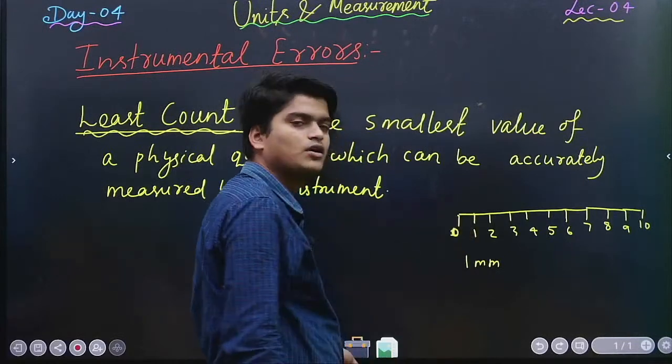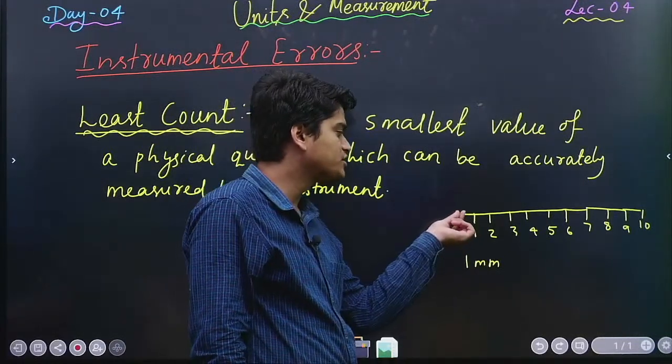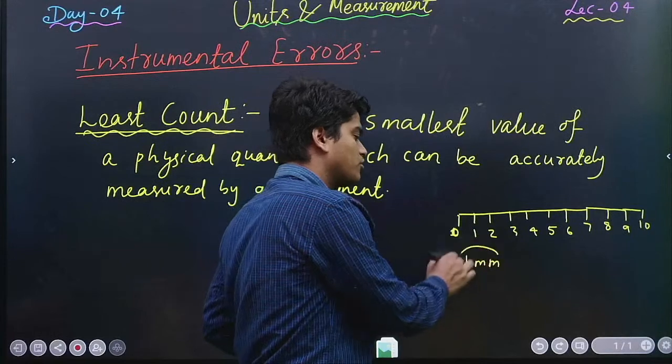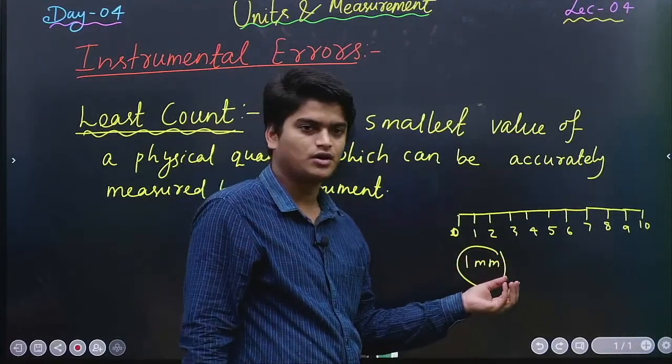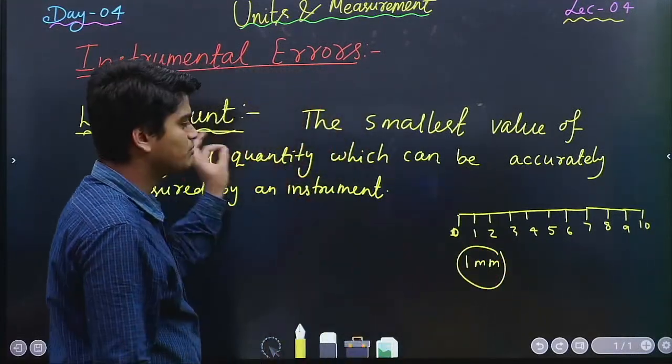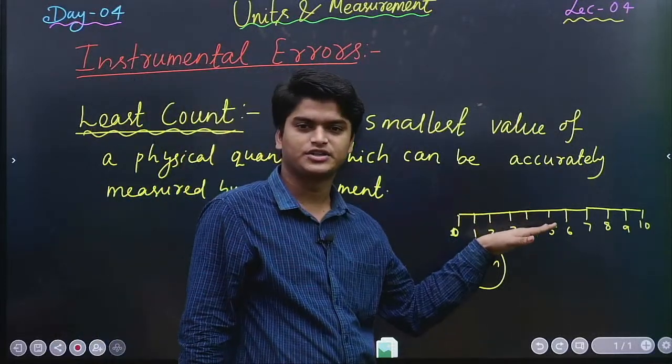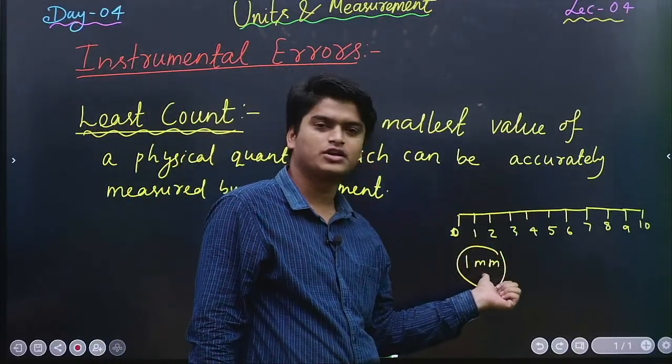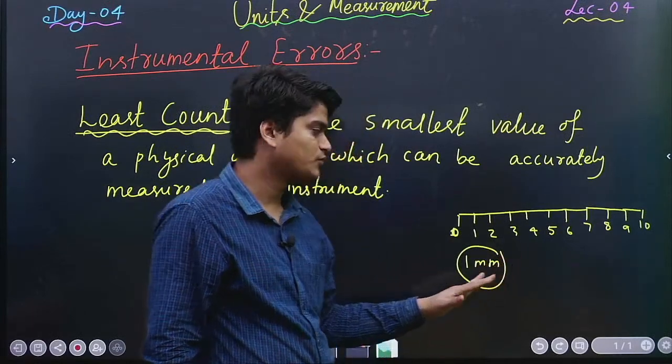One small division is 1 millimeter. So in a normal scale we can measure 1 millimeter. That means the least count of a normal scale, centimeter scale or meter scale, is 1 millimeter.